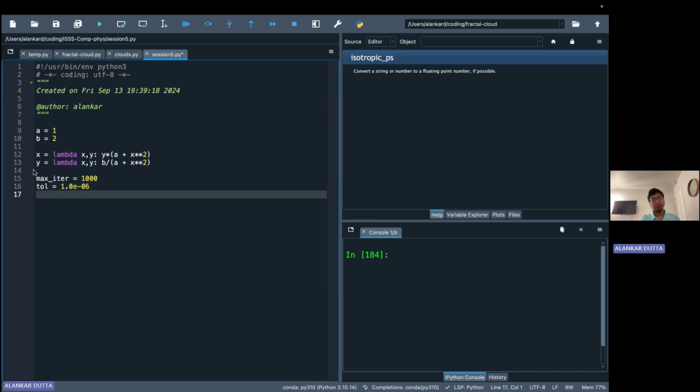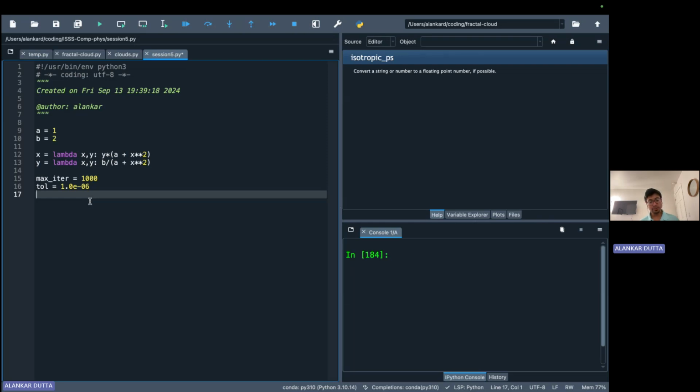So what this would mean is that when we keep on iterating through and we see that the values of x and y do not change between one iteration to the other by 10 to the minus 6, so the change between the two is below 10 to the minus 6, then we know for sure that we have reached the required amount of tolerance and the solution has converged. So that is what tolerance means.